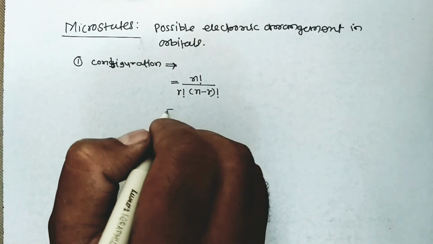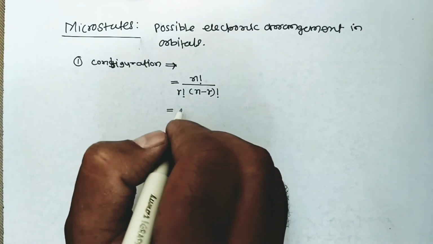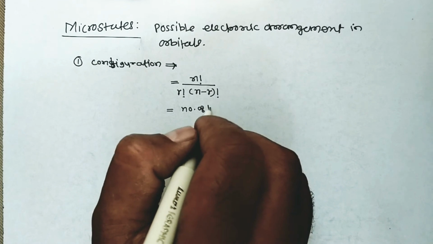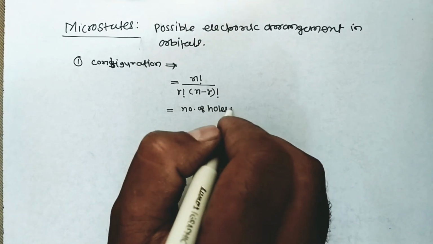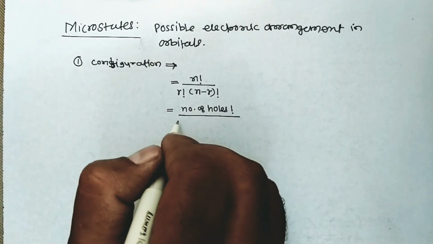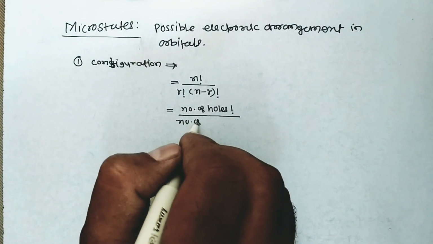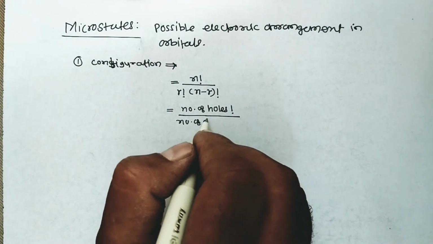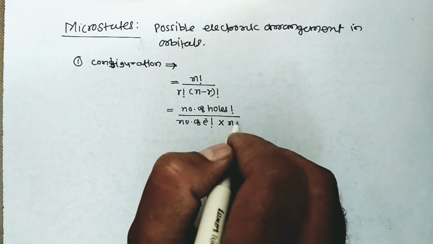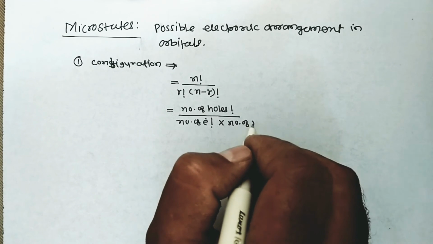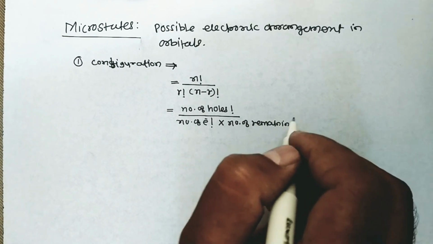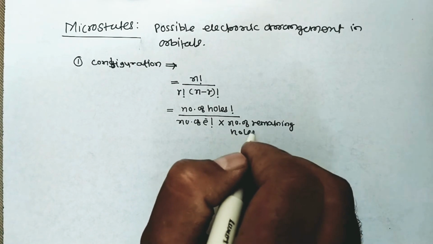In general form it is written as number of holes factorial in the orbital, divided by number of electrons factorial, into number of remaining holes factorial.